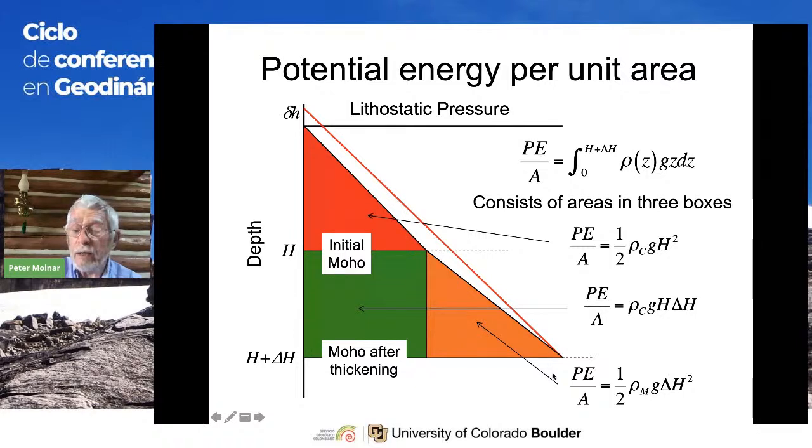And then another triangular area where here it's mantle density. So one has this product, half rho g, rho M, mantle density, times delta H squared. So this region is a sum of these three terms, which you can get obviously if you integrate that and just keep track of all of the terms.